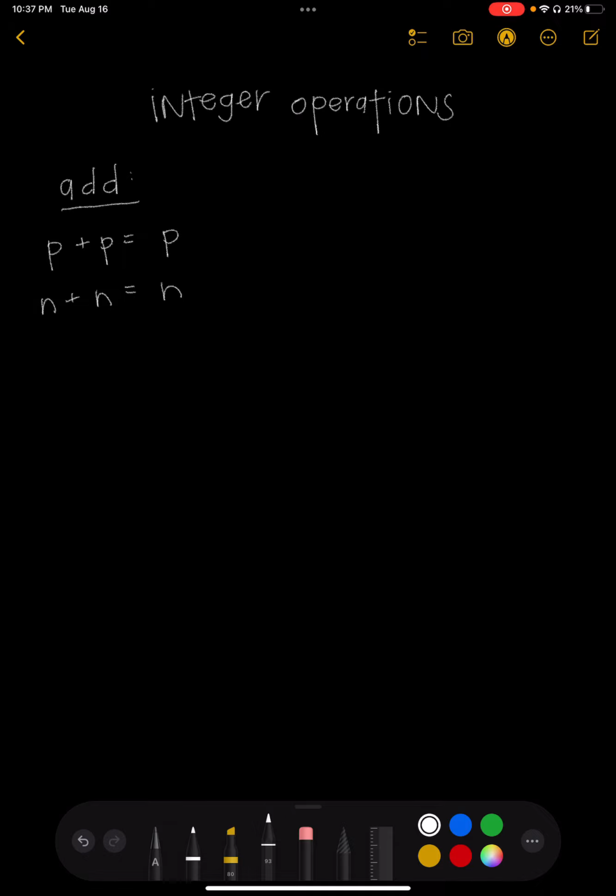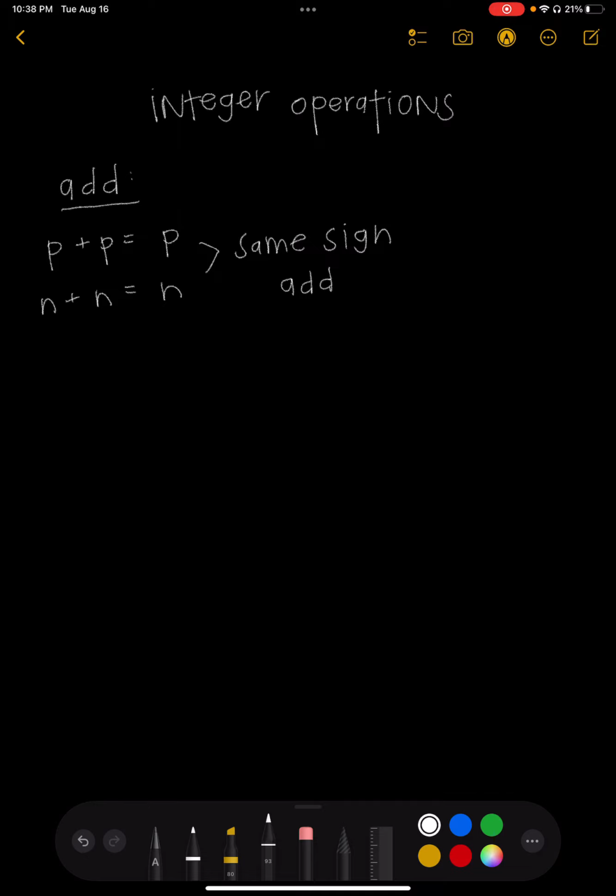Again, this is really similar to what you were learning when you were younger, but now you're just attaching negative signs to it. The way that I like to think about these, when they have the same sign, we have to add, and then the sign stays the same.